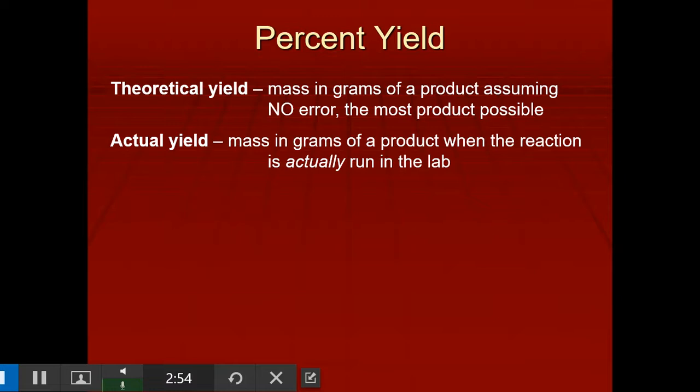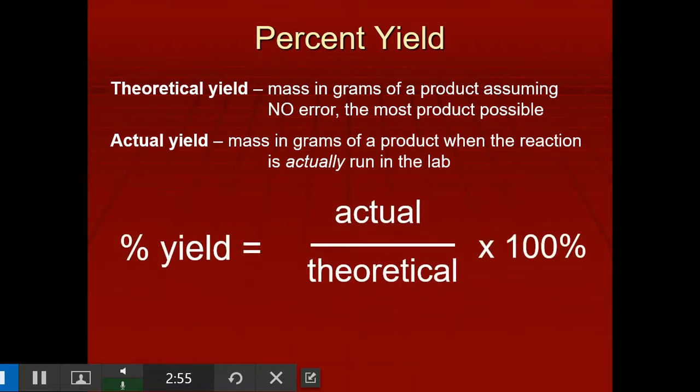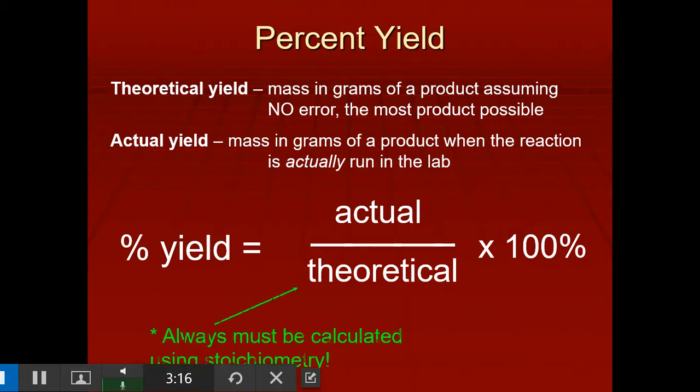And percent yield is when you compare those two numbers. The formula for percent yield is your actual yield, how much you actually got, divided by your theoretical yield, times 100%.